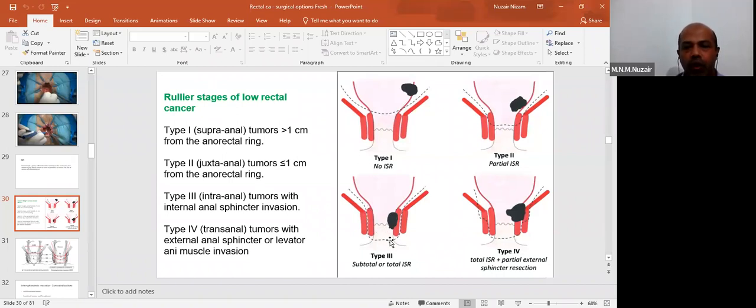If you are removing the whole internal sphincter, it is called total intersphincteric resection. If you are resecting at the level of the dentate line, it's called subtotal intersphincteric resection. But if the tumor involves the external sphincter, some surgeons actually perform removal of part of the external sphincter. You can't remove the whole of the external sphincter, and this is not recommended by many surgeons, even though some surgeons do this procedure.